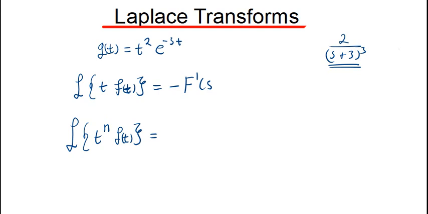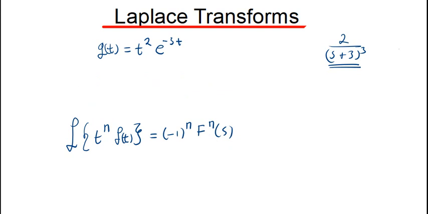So this is just going to be equal to minus 1 to the power n. This negative here is affected by what the power of t is. You should always keep that in mind. Then this is going to multiply the nth derivative of F with respect to s. This is what you're going to be using as the general point of view for the frequency domain derivative.